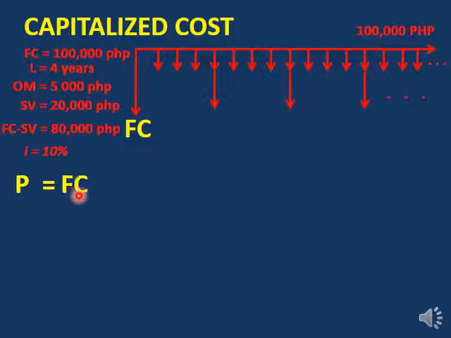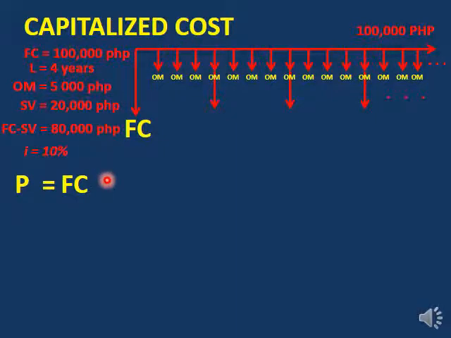So we write here first cost. The first cost is a present cost. It is on year zero. Now we have the operating maintenance costs, which is in the form of annuity. Since this annuity coincides with a period of compounding, which is yearly, then we may compute its present worth using an annuity formula.